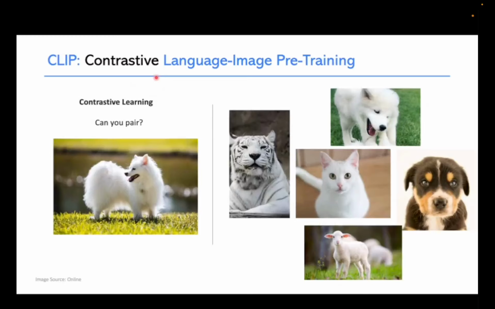For example, if I give you a dog image here, and I ask you, can you pair the most similar image from the right-hand side group? I guess so, right? You should be able to pair that this image looks most similar to the one that I gave you. If you think it doesn't make sense, maybe you can consult your elementary school student.